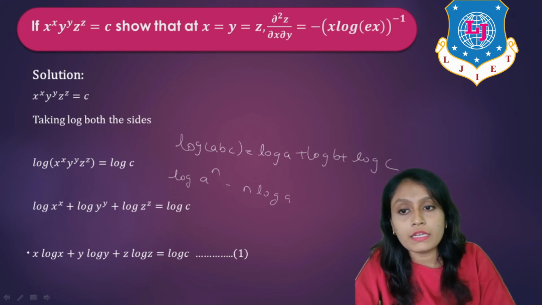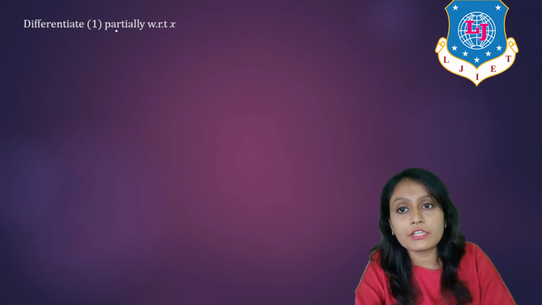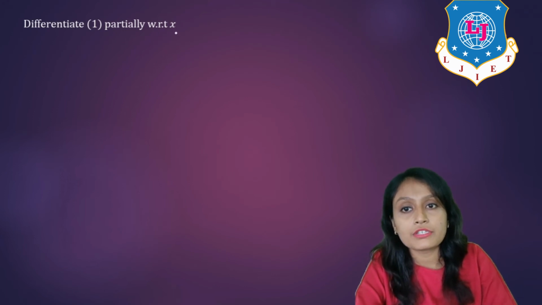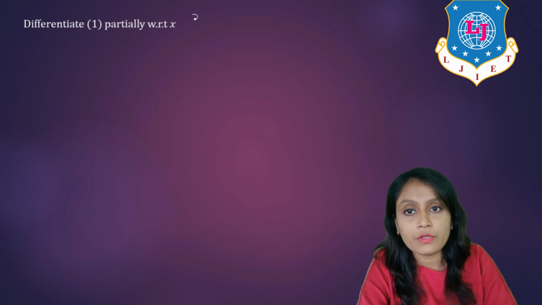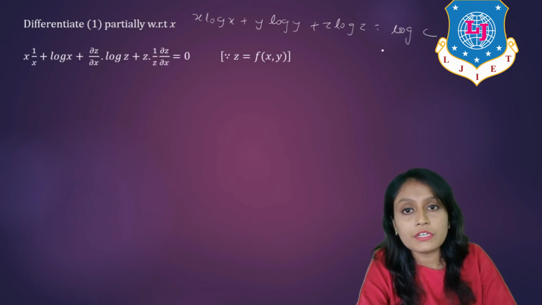c. Okay, next we will differentiate this equation 1 partially with respect to x. Now equation 1 is what? X log x plus y log y plus z log z is equals to log c. Okay, now differentiate this equation with respect to x.